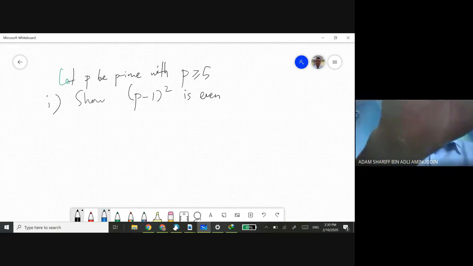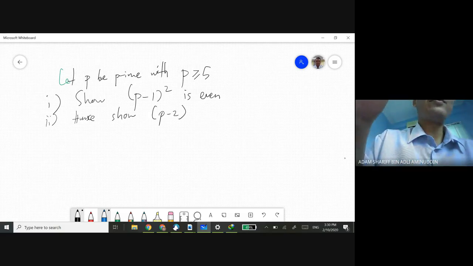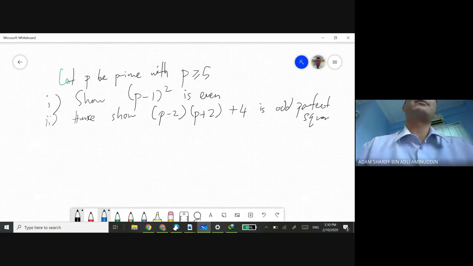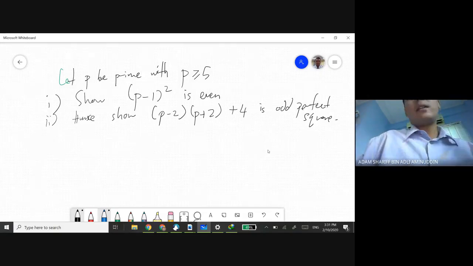Okay. For 2, hence, show P minus 2, P plus 2 plus 4 is odd perfect square. Okay, this is a very good question, seriously. I might also think a little bit.